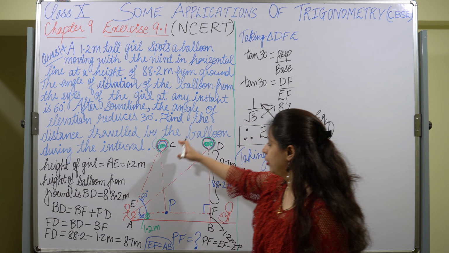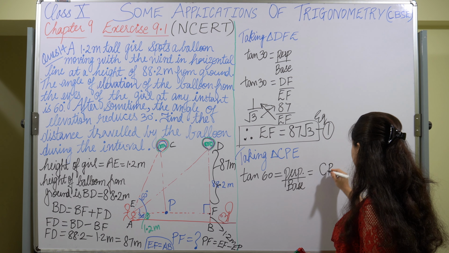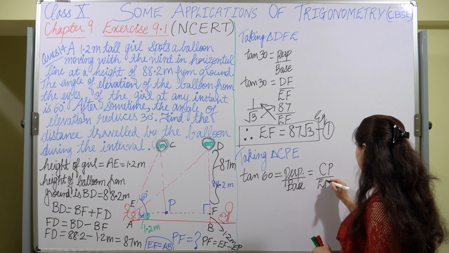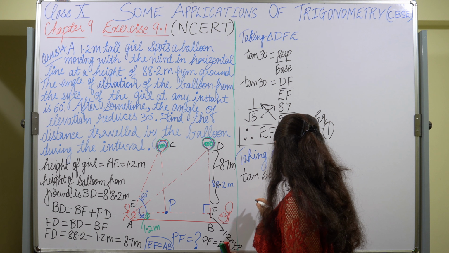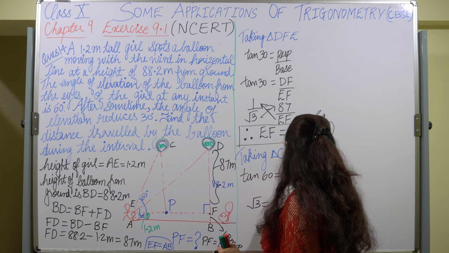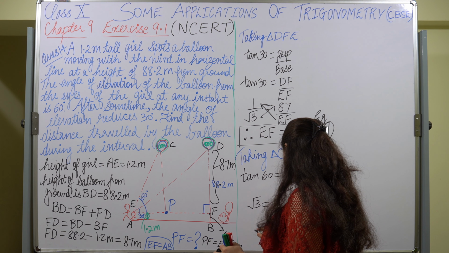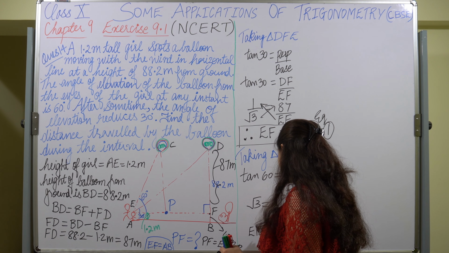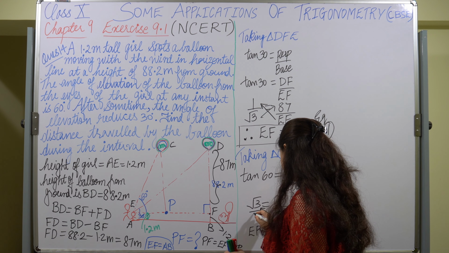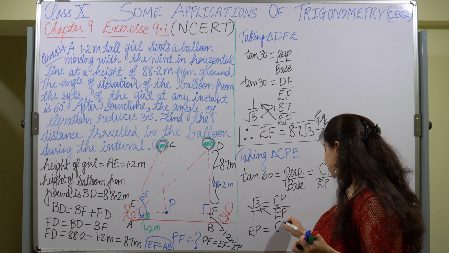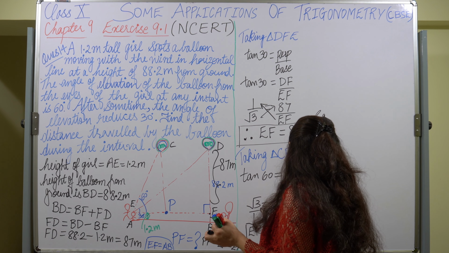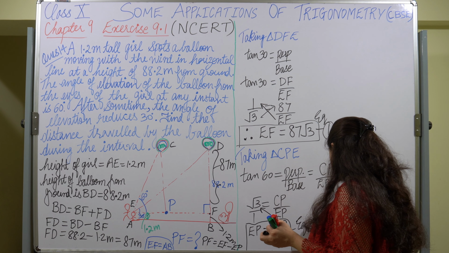Here the perpendicular is CP and base is EP. So from here, tan 60, the value is root 3, will be equal to CP upon EP. So from here we can easily get the value of EP, by cross multiplying, which is equal to CP upon root 3. Let us mark it to be equation number 2.